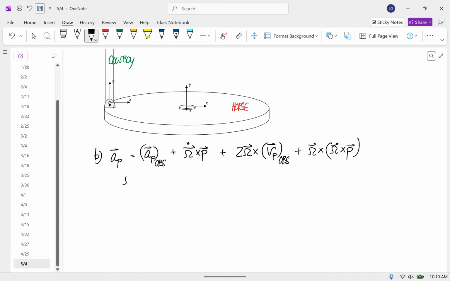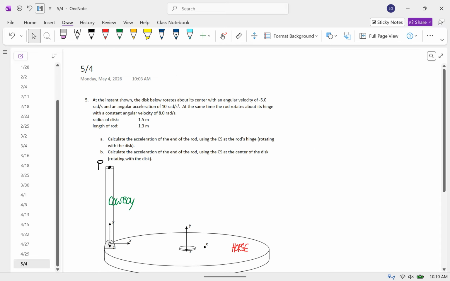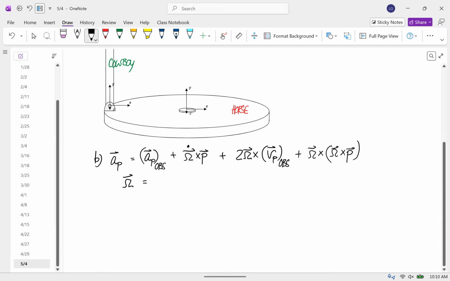So capital omega is 0, -5, 0. And the angular acceleration of the coordinate system, or capital omega dot, is equal to 0, +10, 0. Any questions about that?